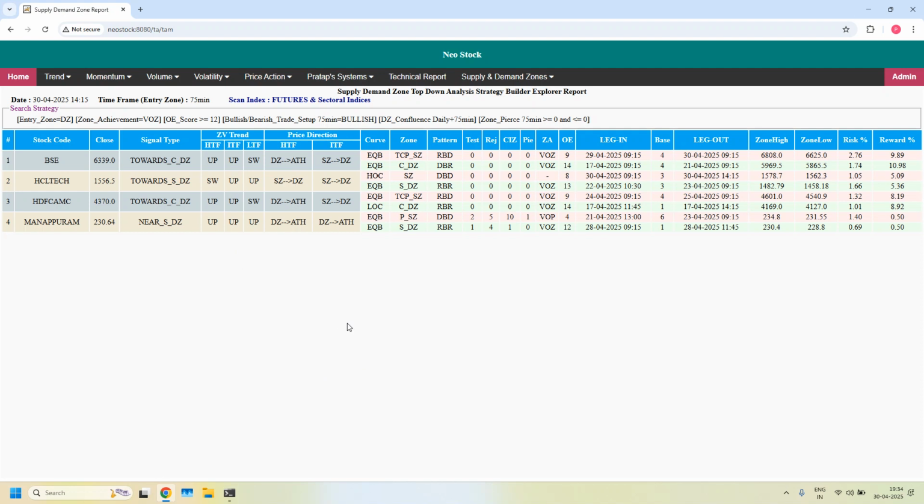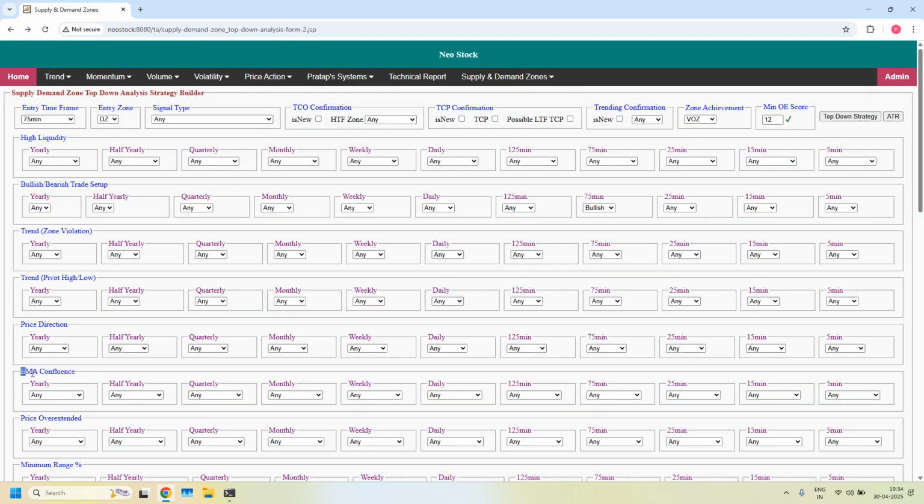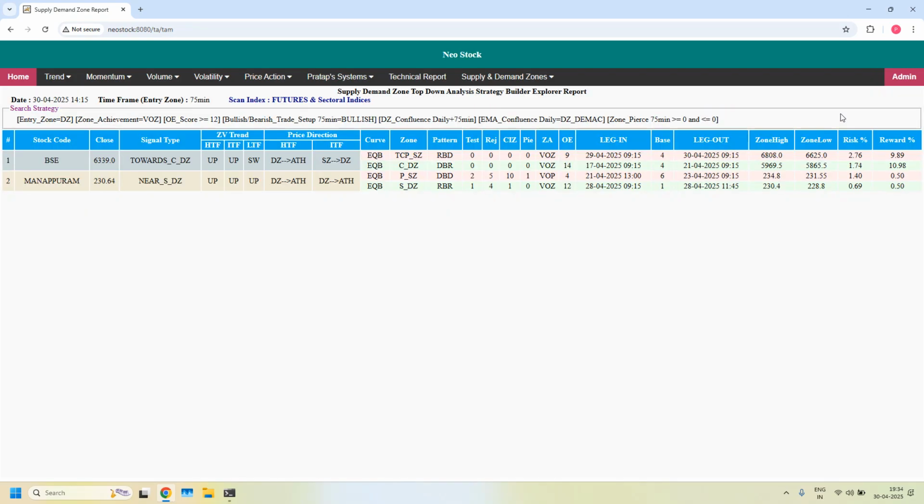So let's verify EMA confluence on the daily time frame. In the EMA confluence at daily time frame, I am checking the daily demand zone having daily EMA confluence. Two stocks are there. So these two 75 minutes demand zones, because they are overlapped with daily demand zones, are having more high probability to get success.